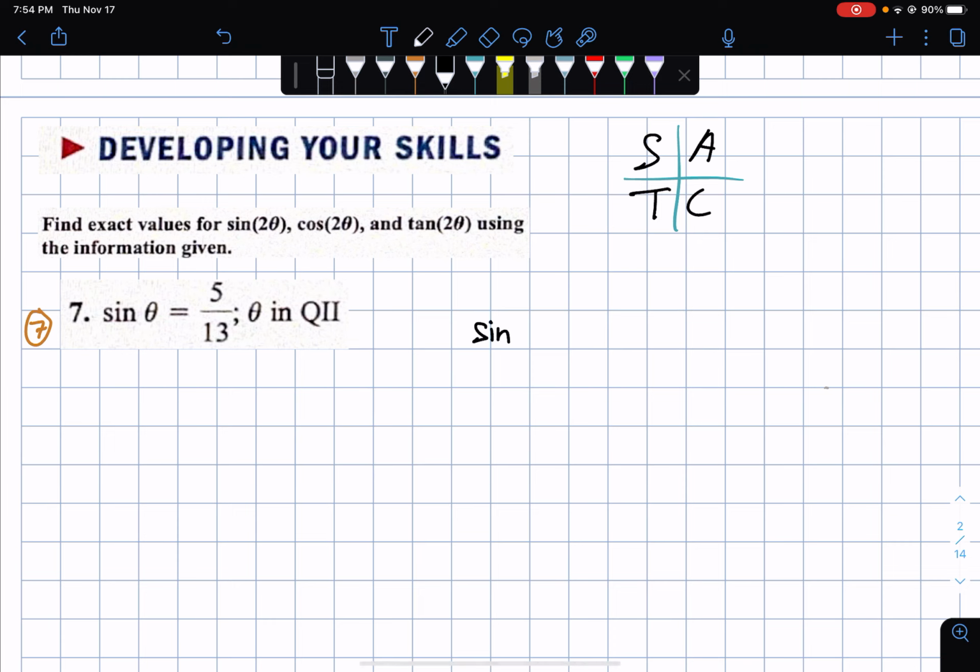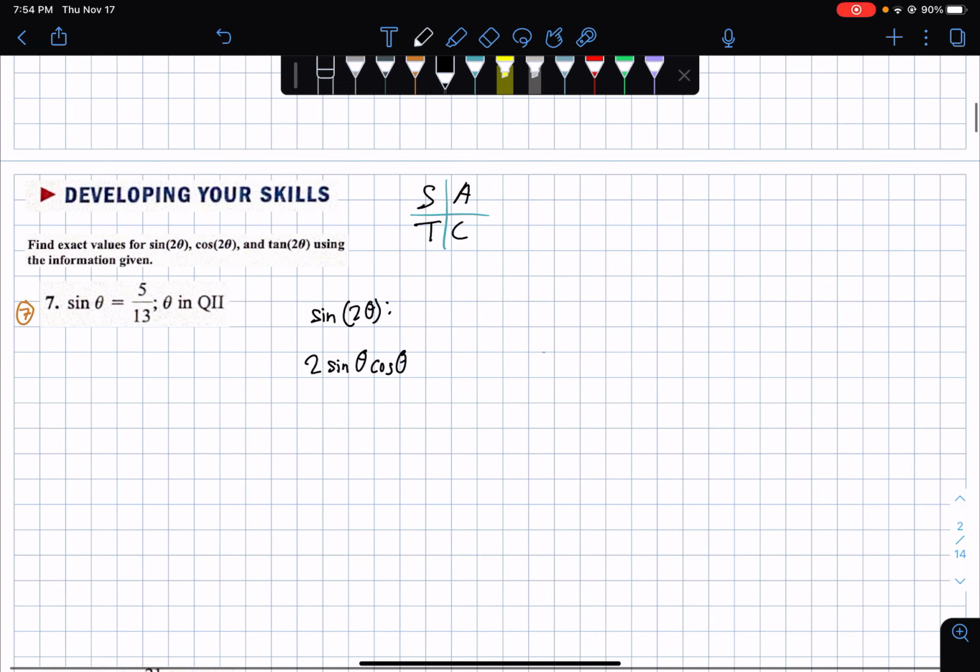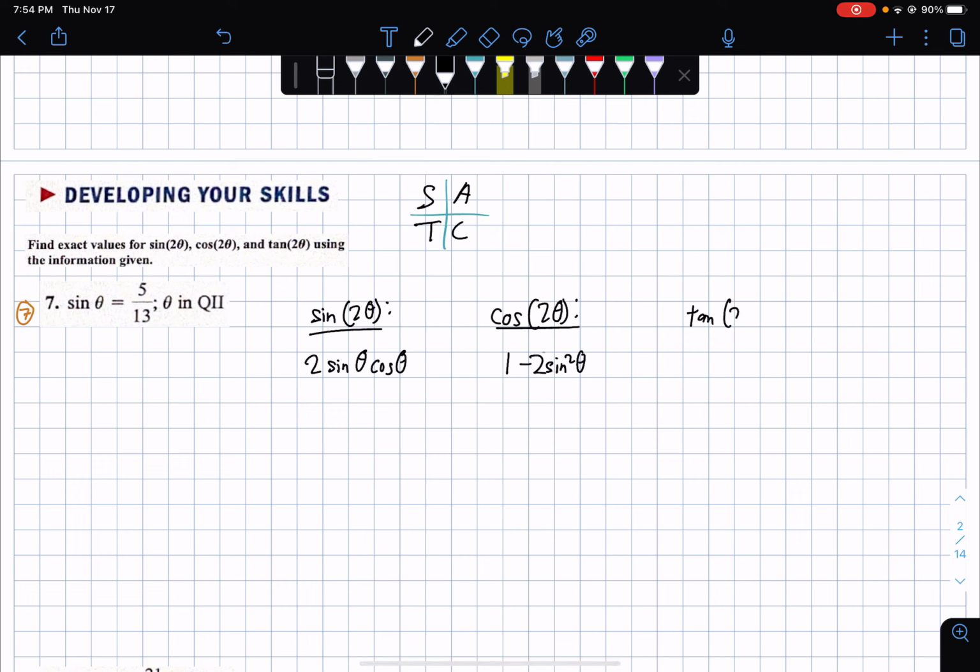Sine 2 theta has the formula 2 sine theta cosine theta. For cosine 2 theta, it's basically 1 minus 2 sine squared theta. For tangent 2 theta, it's 2 tangent theta divided by 1 minus tangent squared theta.